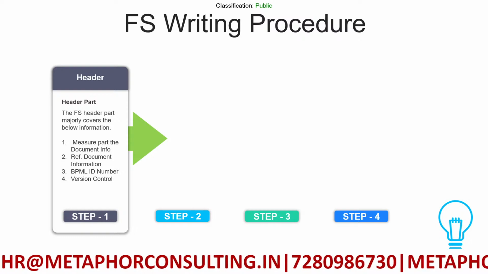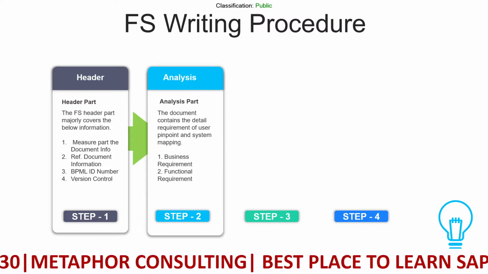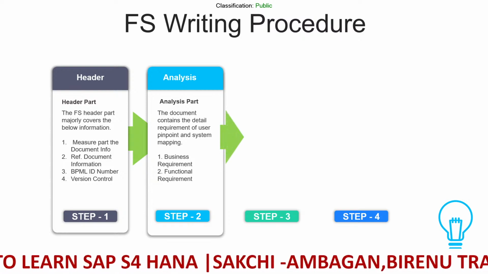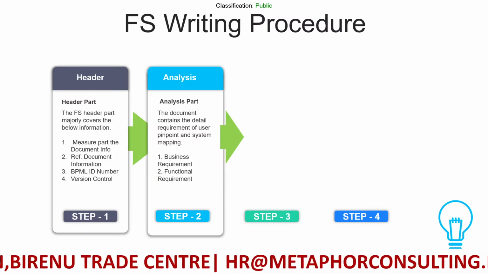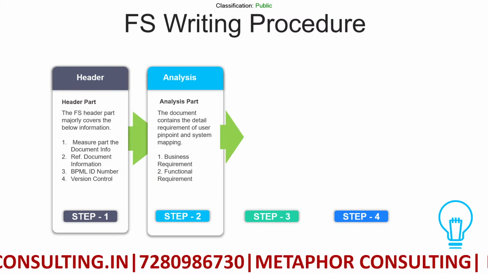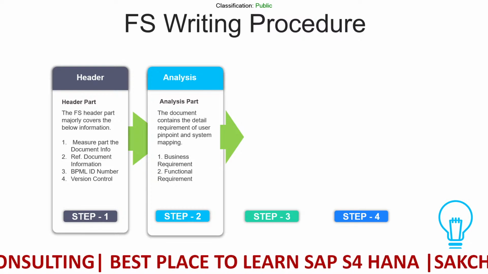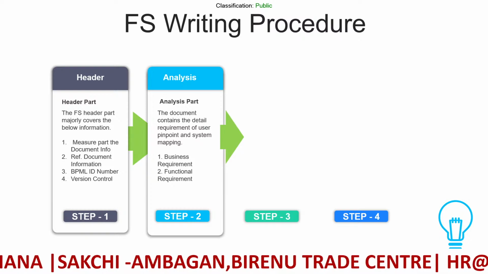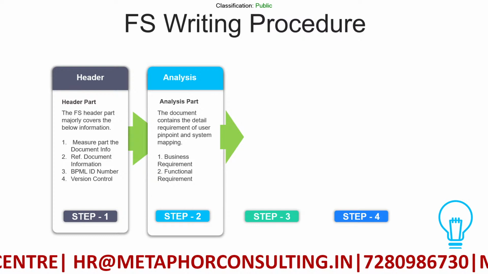Once the header part is captured, the next part is called the analysis part. The document contains the detailed requirement of the user, pain points and system mapping, which is very essential, and it will cover the business requirement as well as the functional requirement. As I already said, I'll show you each and everything in the document itself so that it gives you clarity.